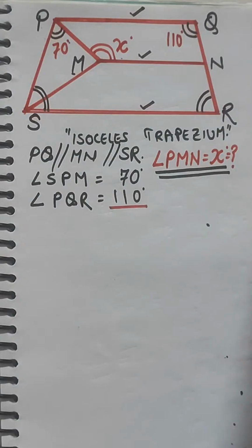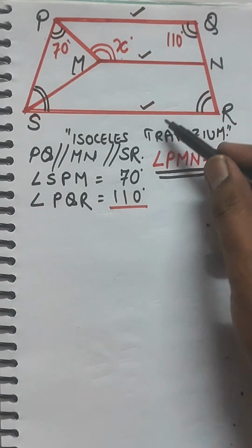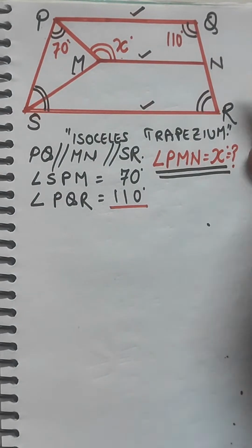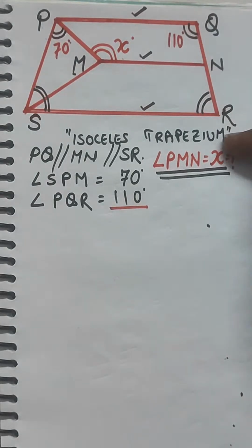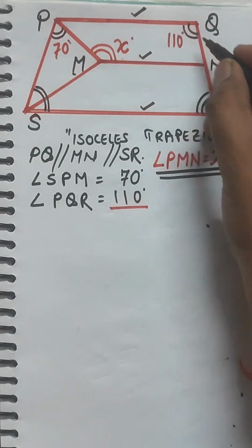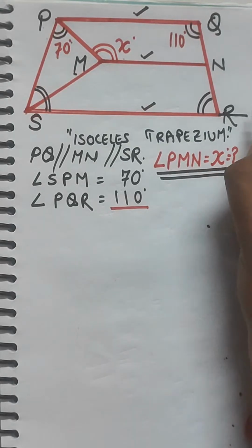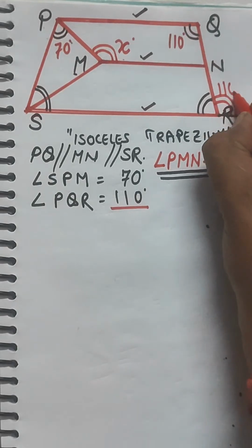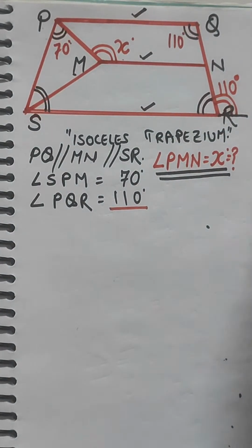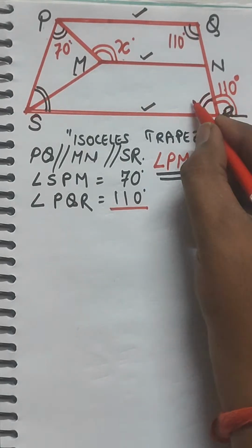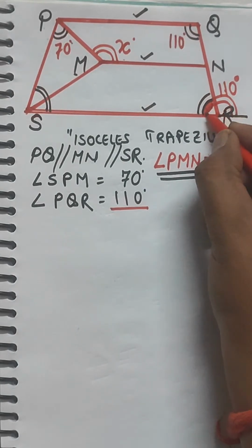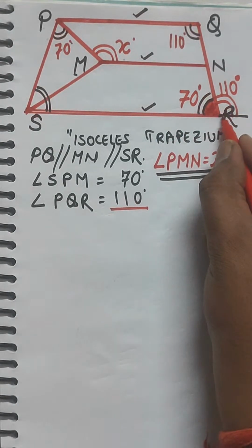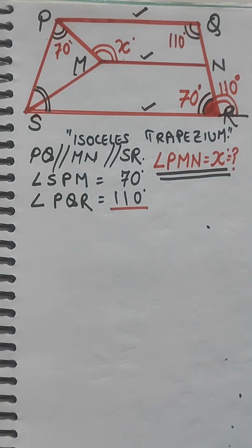And since PQ, MN and SR are all parallel to each other, if QR is the transversal, then this 110 will be equal to this one, 110 degree, right? And if this is 110, then 110 plus this angle will form 180. That's why this angle is calculated as 70 degree, angle R, isn't it?